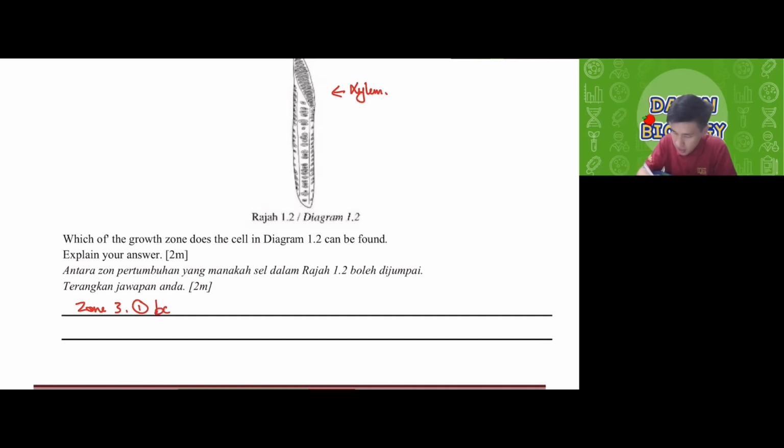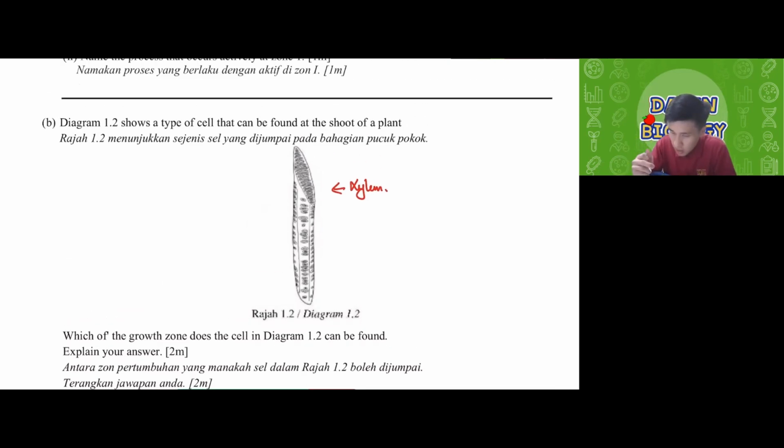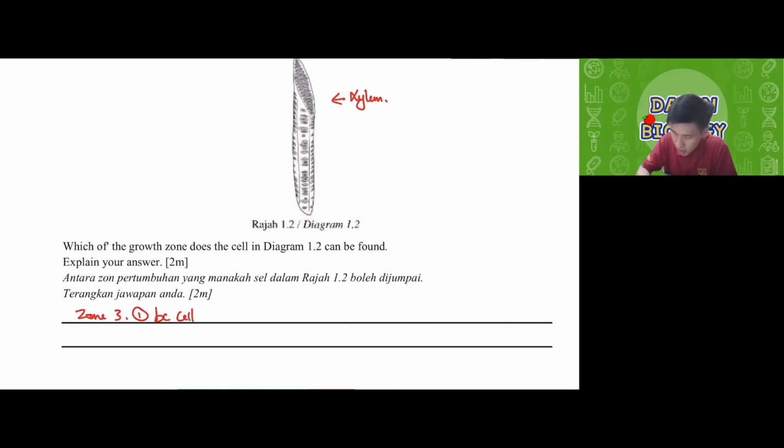Okay, because the cell in 1.2 has undergone special differentiation to form a specialized cell, which is a xylem cell.